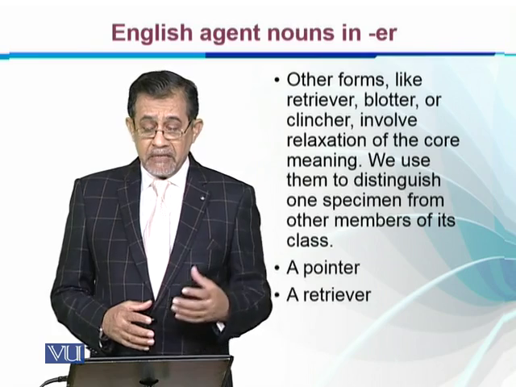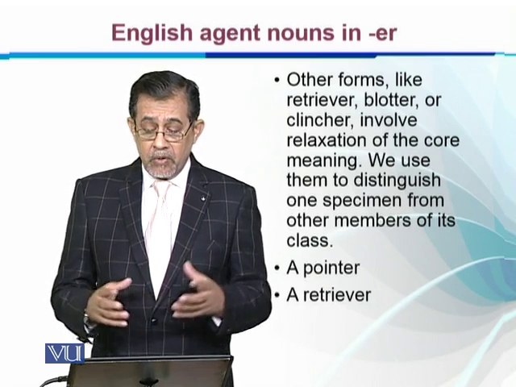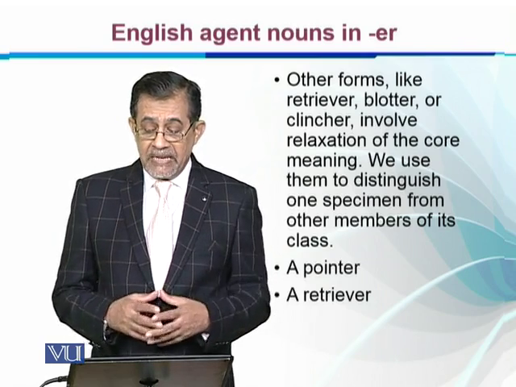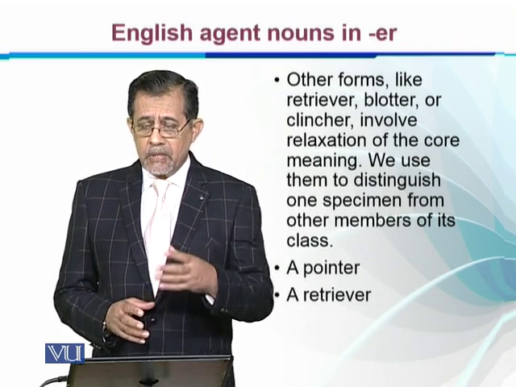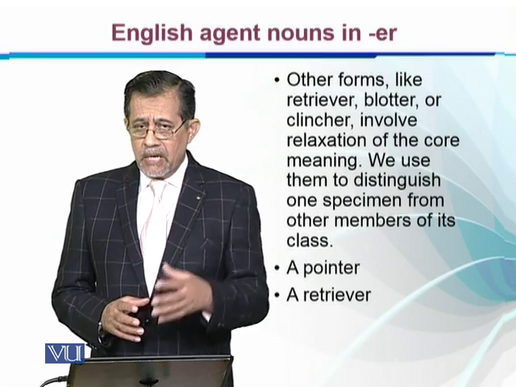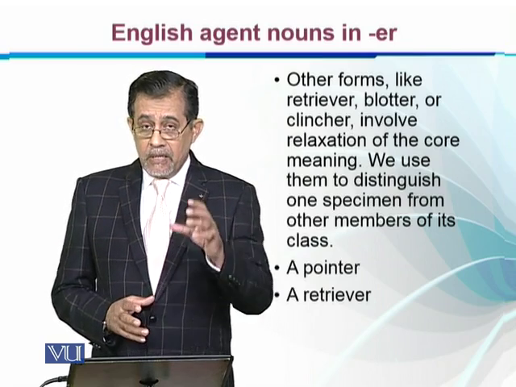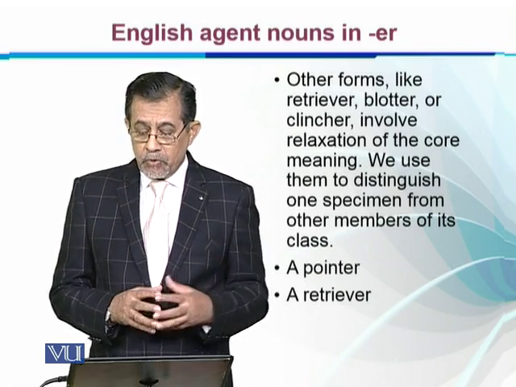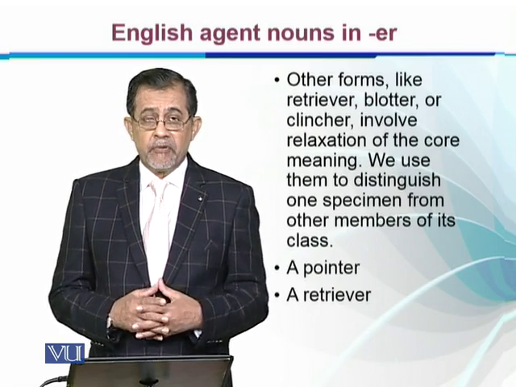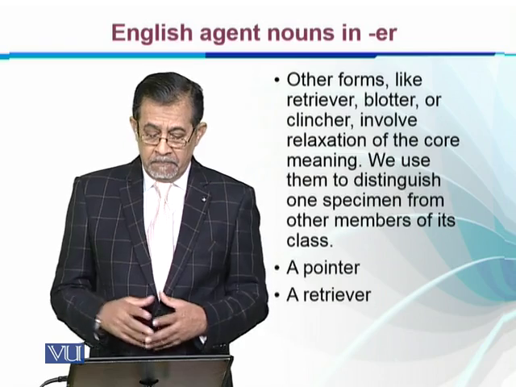Other forms like retriever, blotter or clincher involve relaxation of the core meaning. So whenever a certain ER agentive is added, the core meaning is relaxed. We use them to distinguish one specimen from the other members of the class.